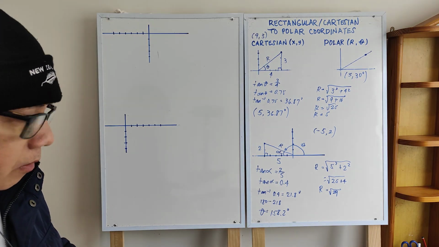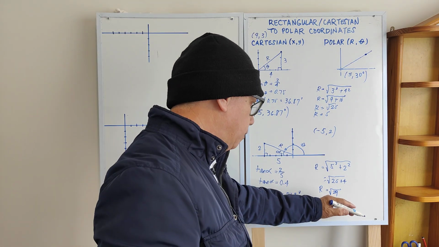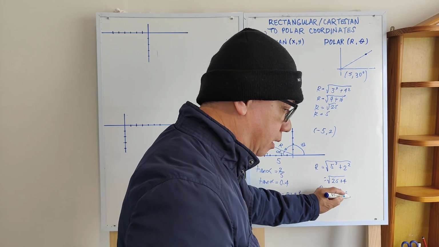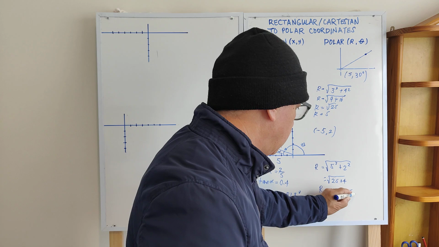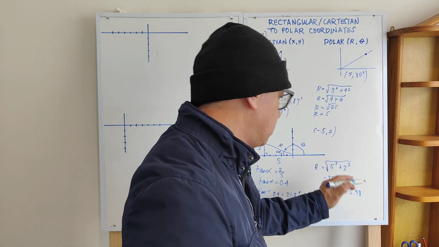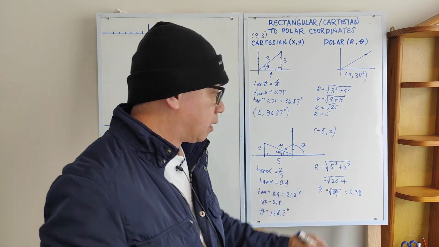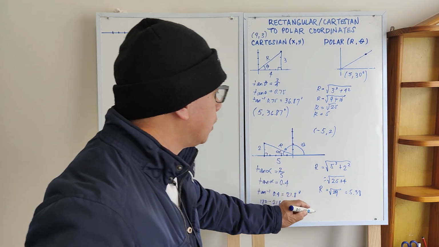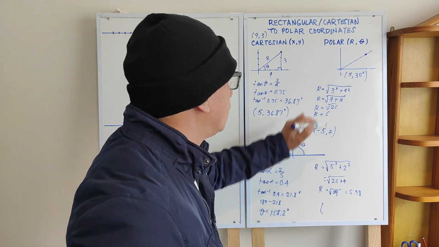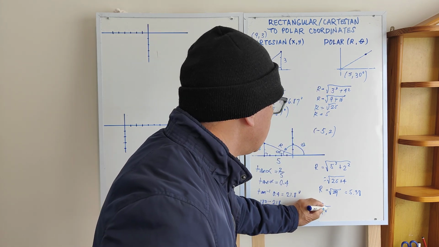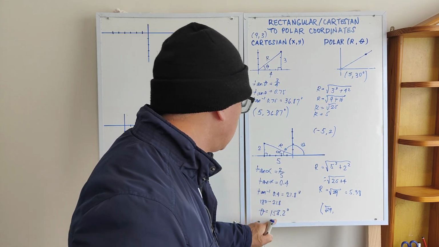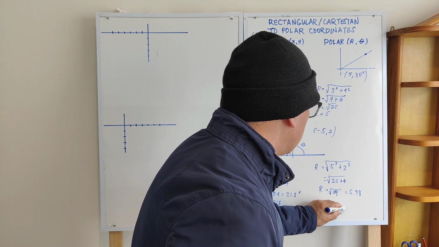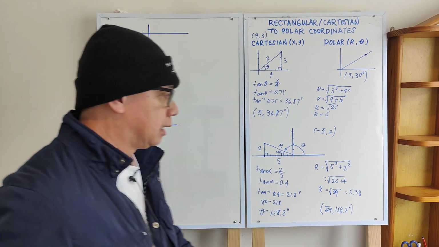We can leave the answer as it is, or we can say it's approximately 5.38, but the square root is a more accurate answer. So your polar coordinate would now be square root of 29 and 158.2 degrees.